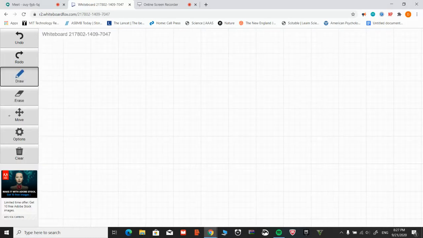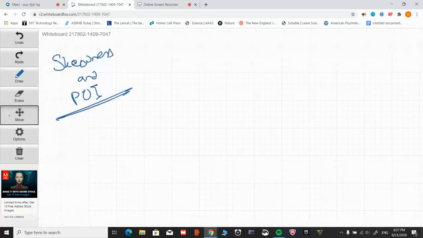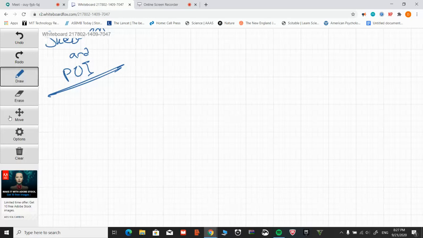Now let's talk about something very interesting, and that is skewness and points of intersection. Notice one thing: in 2D or 3D, if two lines are parallel, they never intersect.